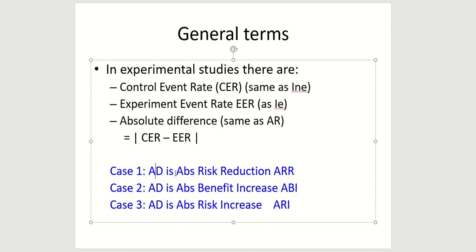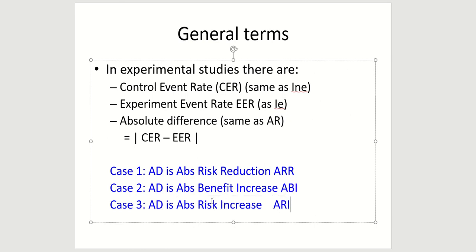And therefore, you're going to talk about absolute risk reduction. You're reducing a risk, and this is ARR. Scenario number two, remember, you're actually increasing a good outcome, and we talk about the same value here as absolute benefit increase. However, in the last one, where you're causing side effects, it's the absolute risk increase.